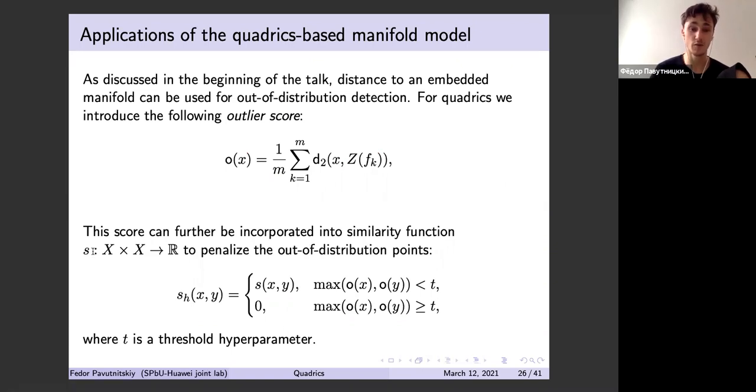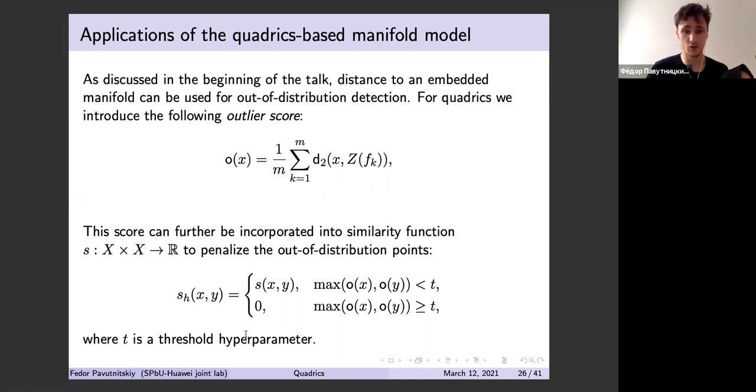Suppose you have some notion of similarity between your points, right? And if your points contain outliers or anomalies, this notion of similarity can behave quite badly. We will see some examples. So we try to robustify it in some sense, introducing our outlier score into this similarity function, so it works better when you have anomaly problems. We do a very similar thresholding in the following sense.